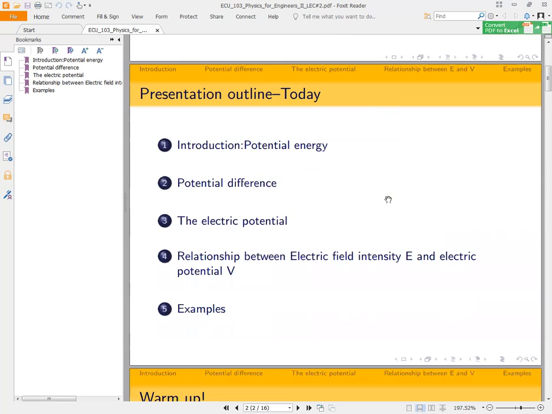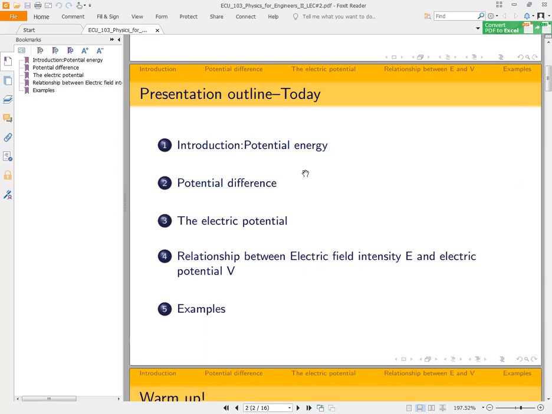The lecture is divided into several sections, as you can see on your screen. I'm going to give you an introduction, where we will look at the difference between electric potential and potential energy. Then we'll look at what we know as potential difference, and then we shall go deep into electric potential, which is our core sub-area in this lecture.